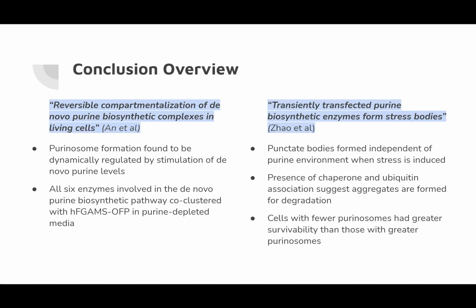And the second article concluded that the punctate bodies actually form independent from the purine presence in the environment due to induced stress. And this was done by adding the presence of the chaperone and ubiquitin. And cells with fewer purinosomes showed a greater survivability than those with a greater number.